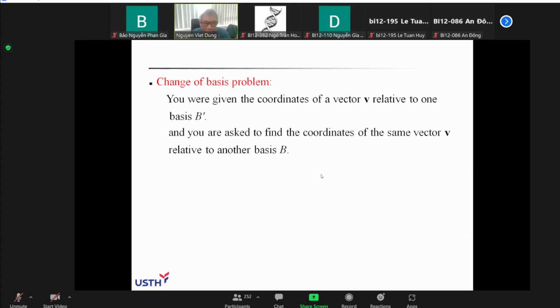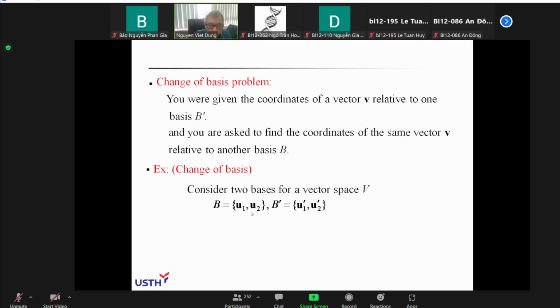Here is a very simple example. We consider the case where we have two bases in a vector space, and the vector space V is now R2. So we are in two-space. B consists of U1, U2, and B prime is U1 prime, U2 prime. So we have two bases here.